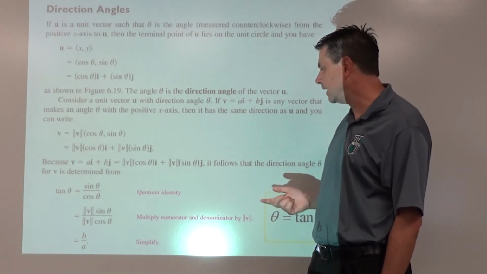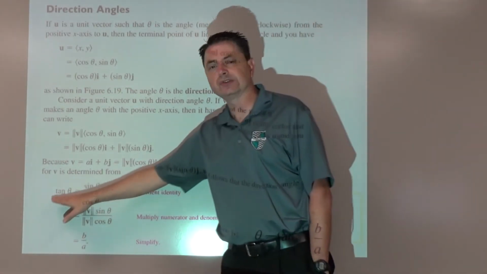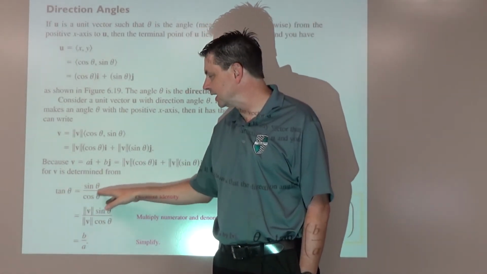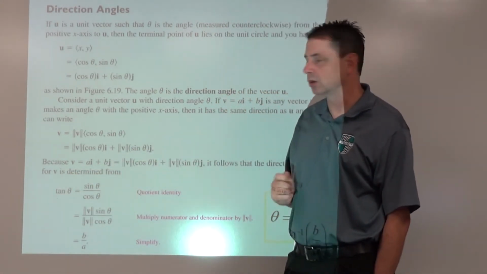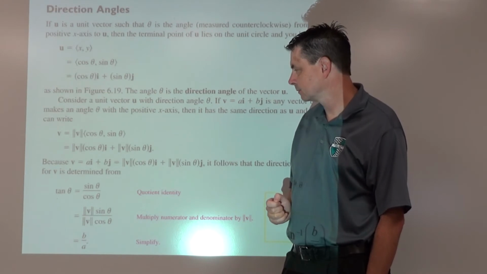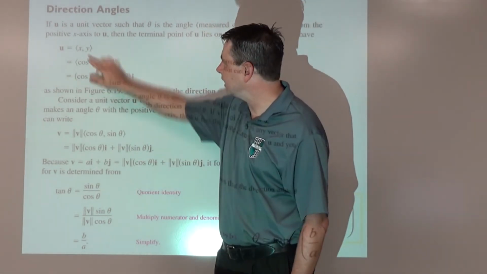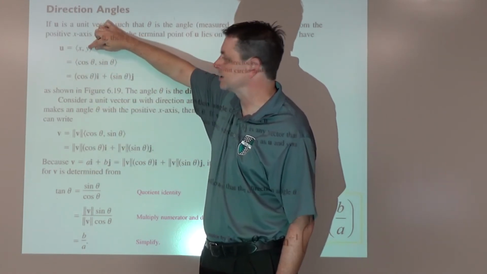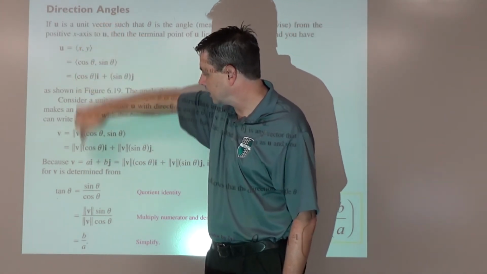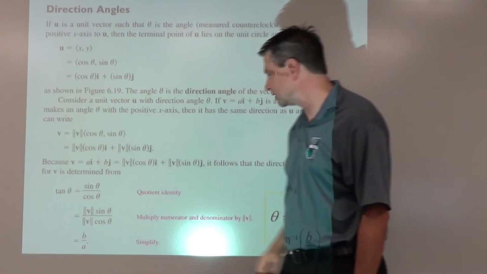Now if we're trying to find the direction angle, we can use the identity tangent theta is equal to sine theta over cosine theta, the quotient identity. Going back to the unit circle idea, sine theta is just the y-coordinate and cosine theta is the x-coordinate.